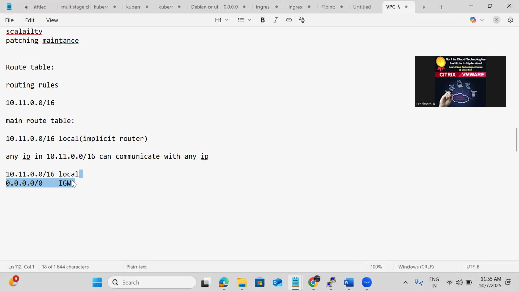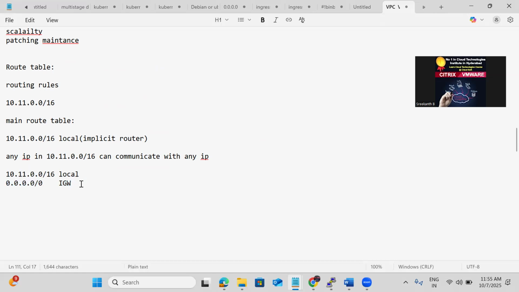Explicit communication is going to happen over the internet gateway. That is the purpose we have. Routing rules depend upon our requirement, and we need to configure these.